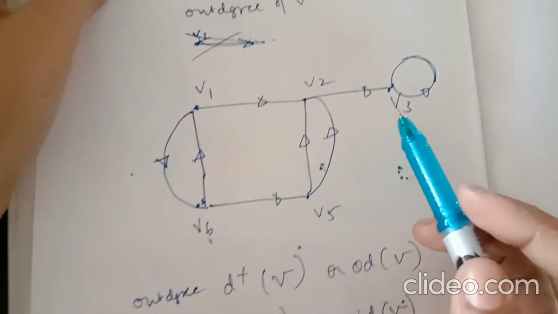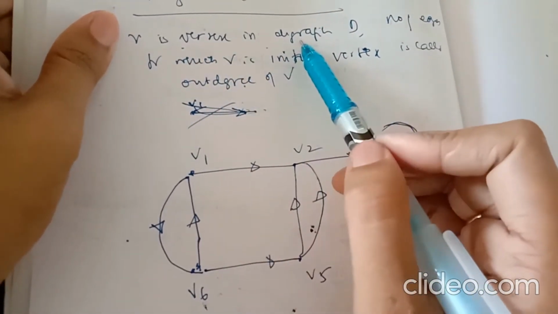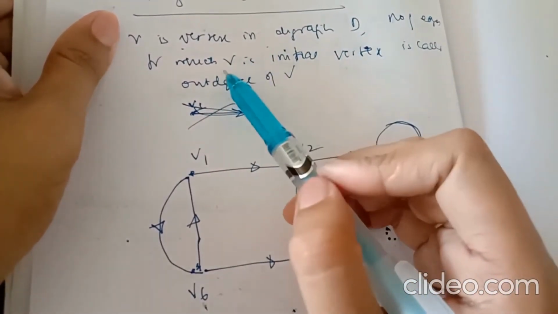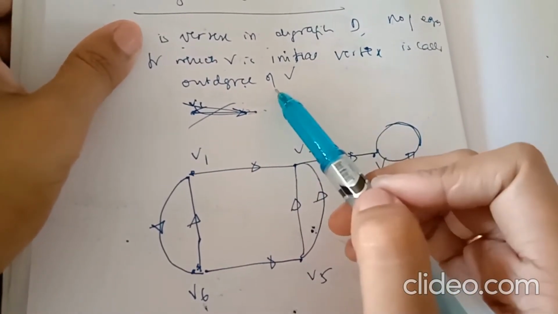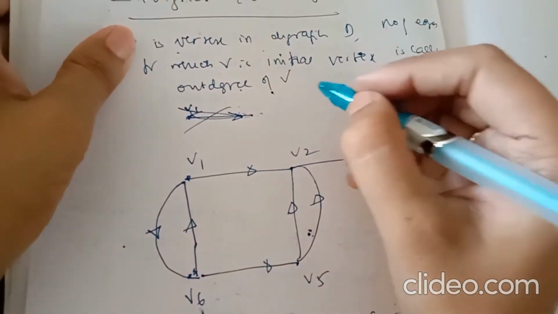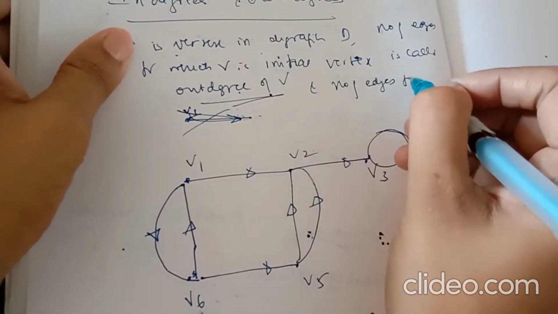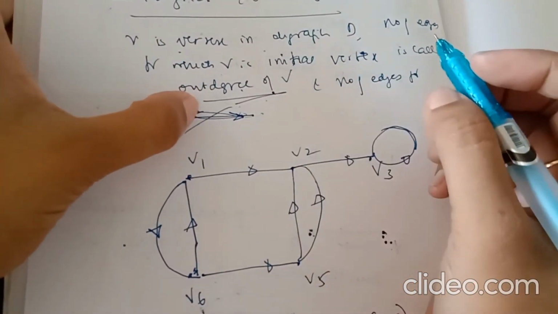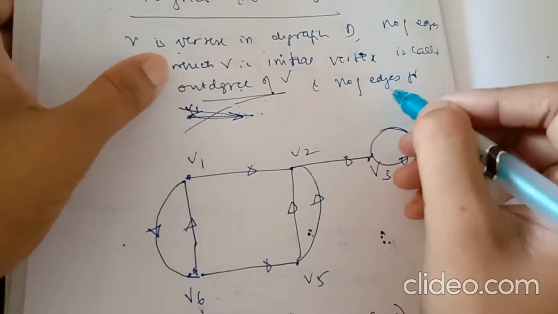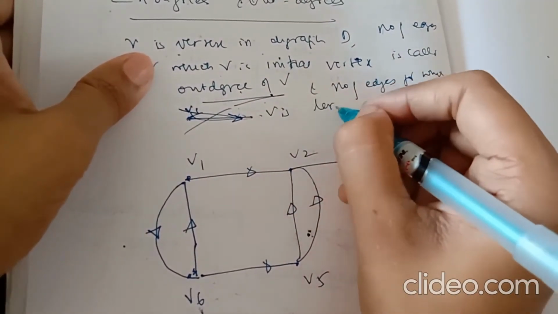So you know the definition of out degree. If V is a vertex in the digraph D, then the number of edges for which V is the initial vertex is called the out degree of V. And likewise, the number of edges for which V is the terminal vertex is called the in degree.